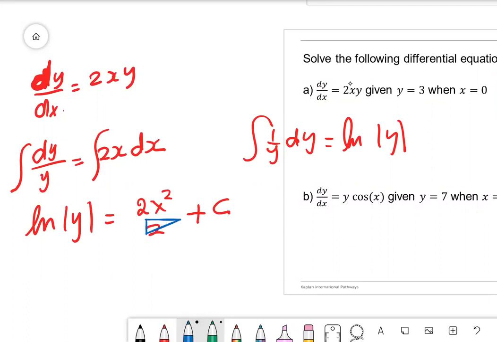And we cancel these, there's some error here. The 2 and the 2 cancel now. So then ln y equals x squared plus c. Right.